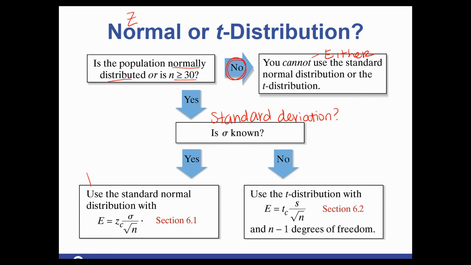So if you have population standard deviation, and again, your symbol is that lowercase sigma, you use Z. If you have sample standard deviation, or if it doesn't say, and it just says standard deviation, nothing about population or sample, then you use T. You also might see the lowercase s for sample.